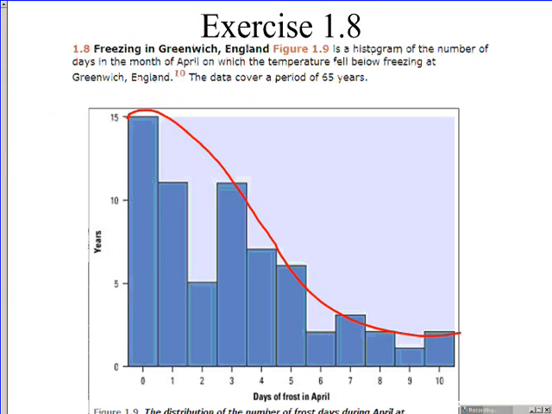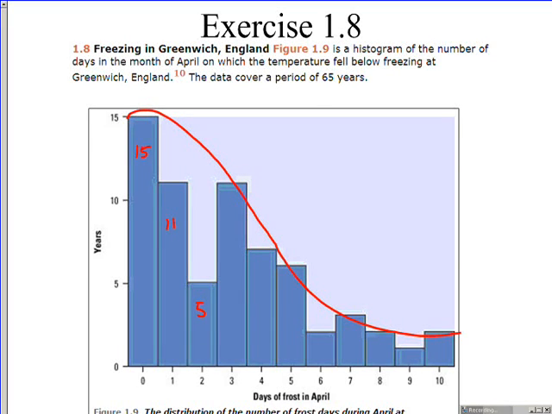Center of this data set. Well, with 65 years, the middle value is going to be the 32nd year. So we need to count up where we have 32 years. We have 15 years represented in this column. We have 11 represented in this column. 5 represented in this column.